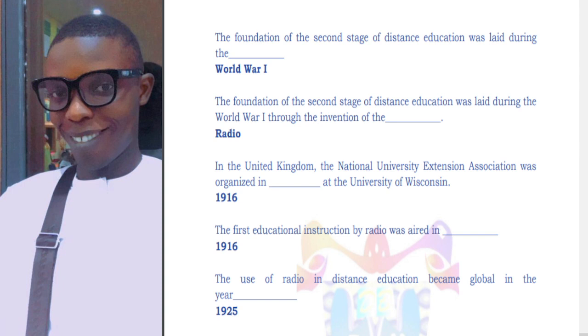So the invention of radio, if we check when radio was developed, we see that it wasn't so far from the timing of the war. And as time progressed, radio started finding relevance in other areas of human endeavor, particularly education. So in the United Kingdom, the National University Extension Association was organized in 1916 at the University of Wisconsin.